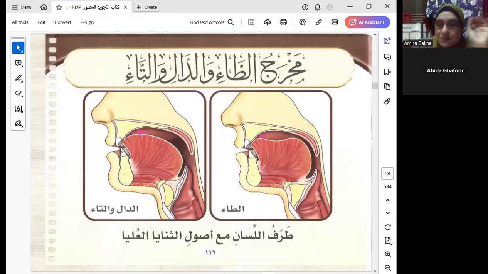So it's hams. That's why ta is harfun mahmus. It's a voiceless letter. At, at, you are going to feel a lot of air if you put your hand before your mouth. At, okay?